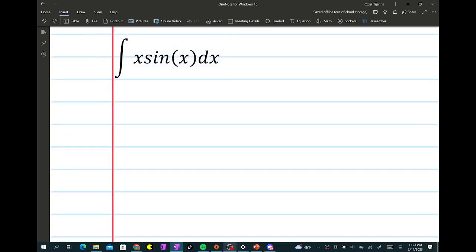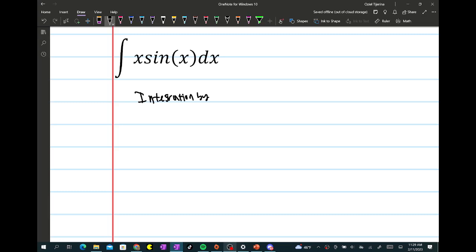We're basically using integration by parts, and you guys know integration by parts has the following formula. Sorry about my handwriting. Integration by parts is what we're doing here.